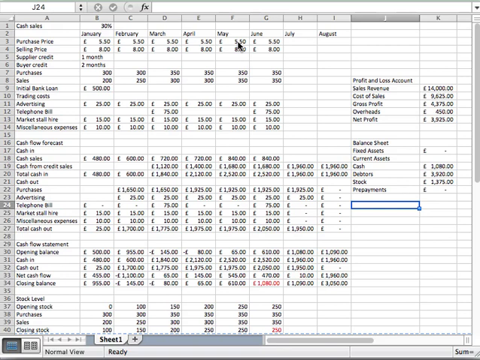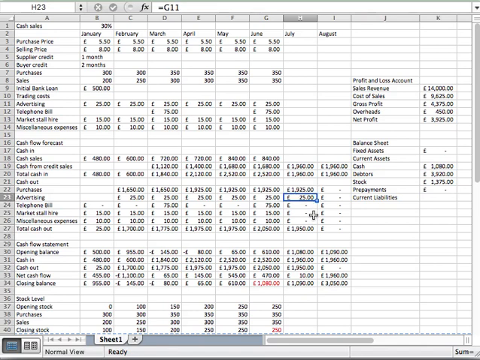Okay, next block of items in the balance sheet are current liabilities. This is money we owe, or the company owes other people that they have incurred the expense for in the reporting period but have not yet paid. And the two items for that is purchases, because they're on 1 month's credit, and advertising, because they're paid 1 month in arrears.